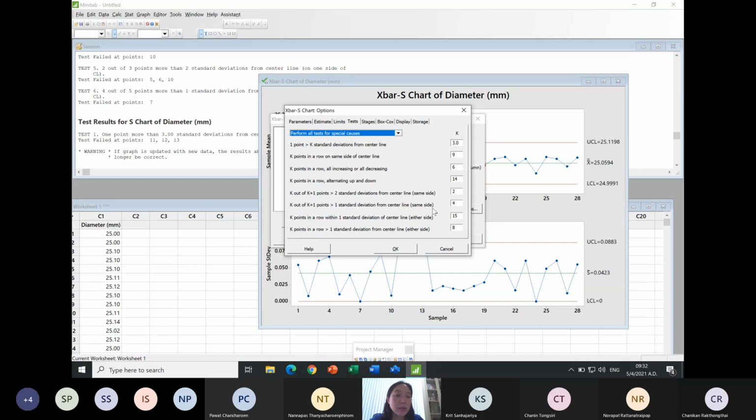So this rule is 4 out of 5 points greater than 2 times the standard deviation. Sorry, let me see. Oh, sorry, greater than 1 time the standard deviation.